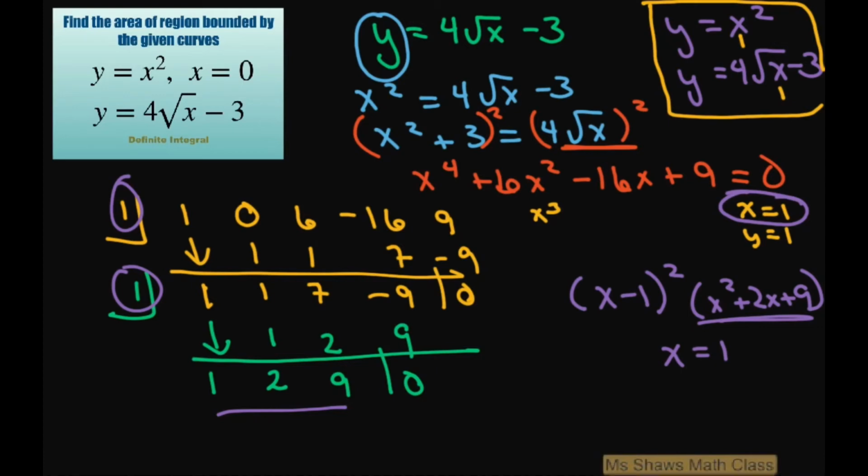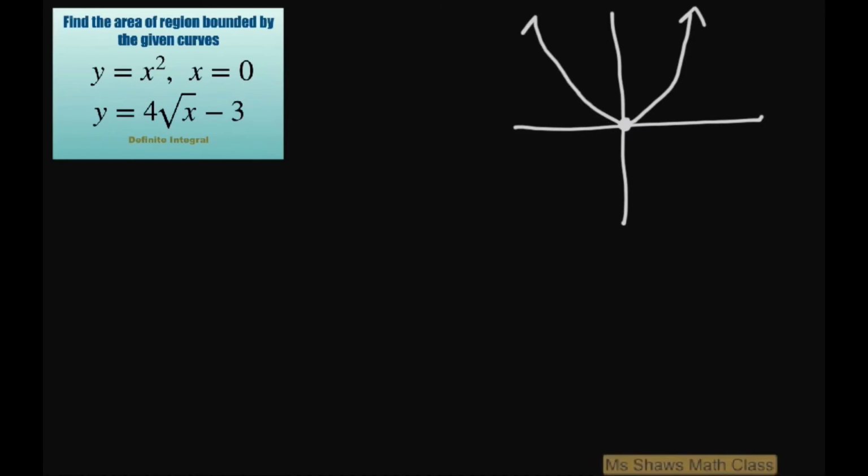Now let's go ahead and sketch a graph of this. If I sketch a graph, y equals x squared is easy. So I'm just going to sketch that. And this one right here is the curve. We're going from 0 to 1.